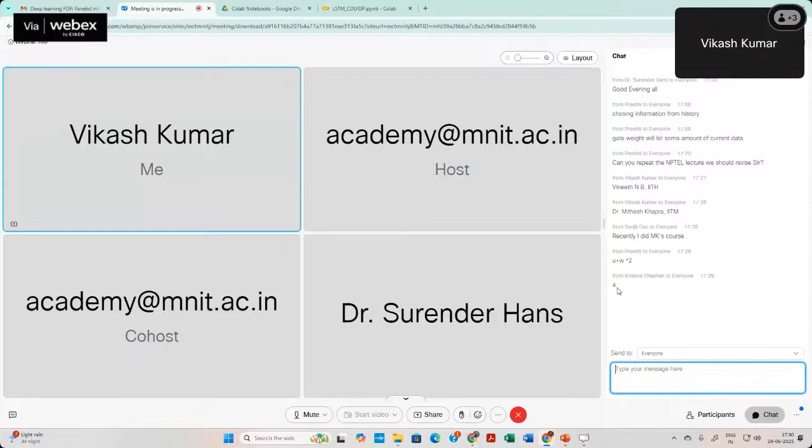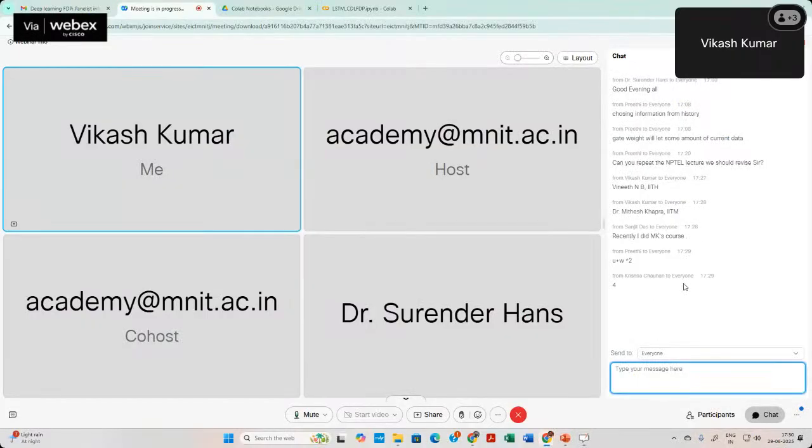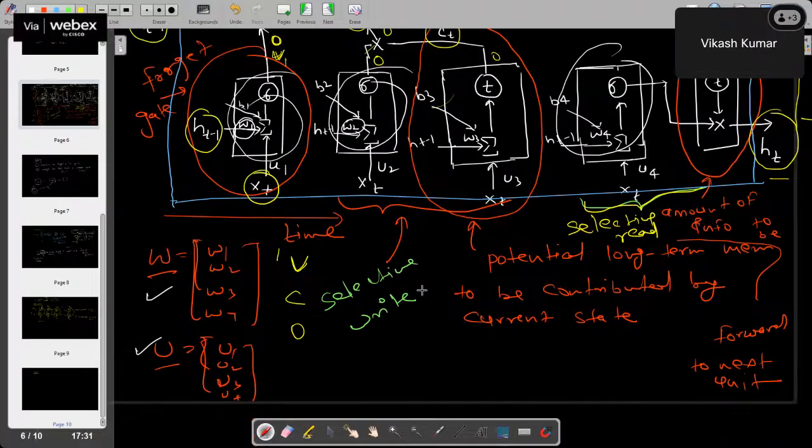Yes, exactly 4. Sometimes if we want to parameterize this part also, we may have to learn 5, isn't it? The 4 comes from these 4 units. If we want to parameterize this one, overall the number of parameters that we are going to learn is 4, but internally this dimension will go on increasing.